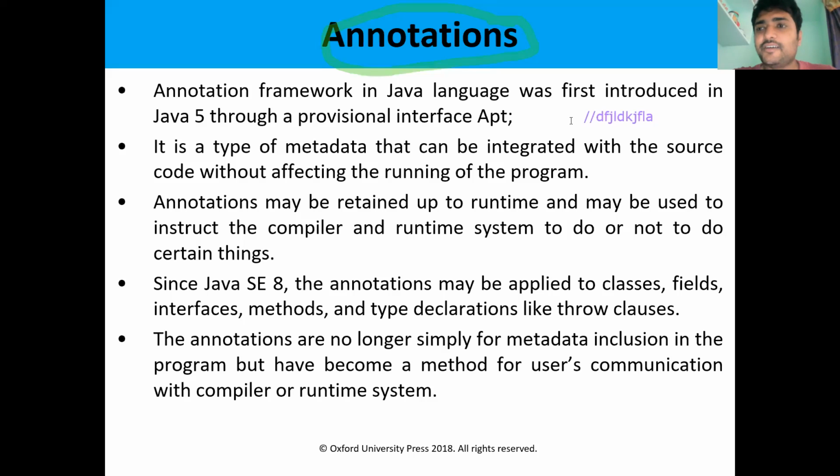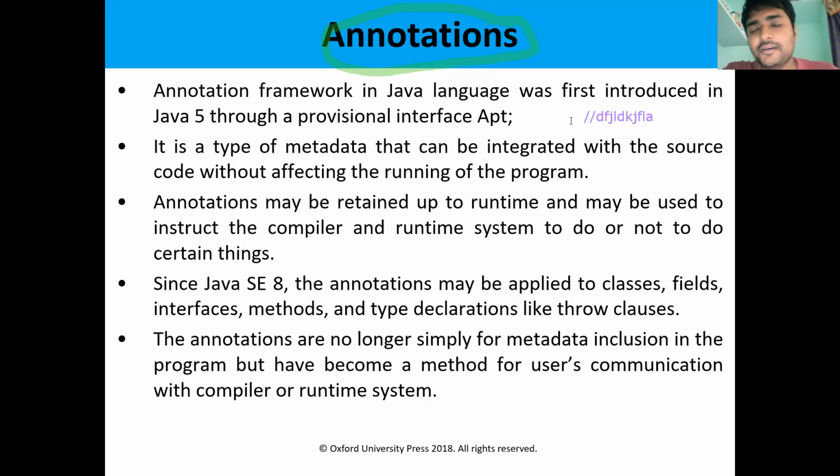There is another way of commenting also, and that type of commenting is known as annotations. Annotation is also like commenting, but the compiler can read it, or the runtime environment can read it.